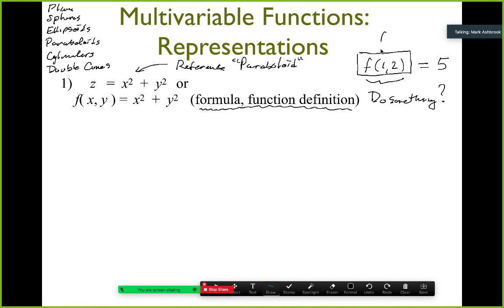But by itself, it stands alone as something meaningful, something that has meaning whether or not you calculate it to be 5. It doesn't require you to figure out the number. This can have meaning in other expressions, other functions. This is called function notation, to represent, is it an output or input value?